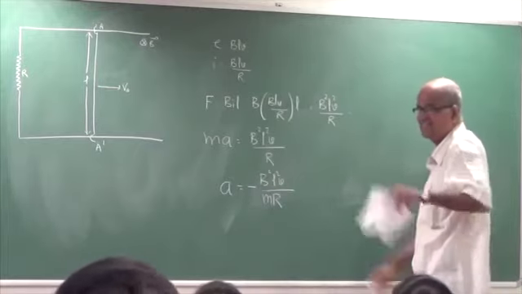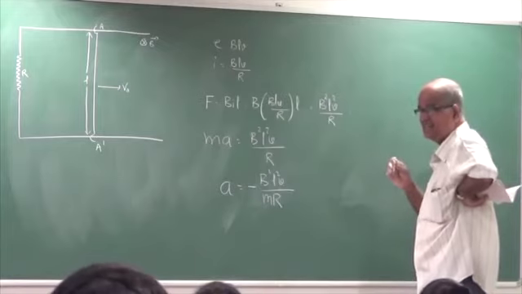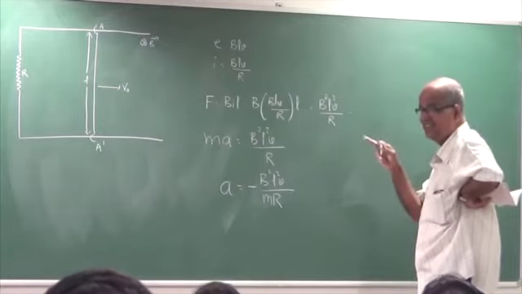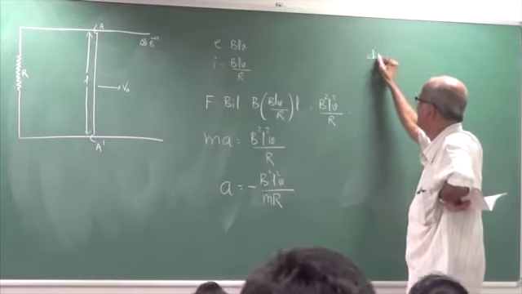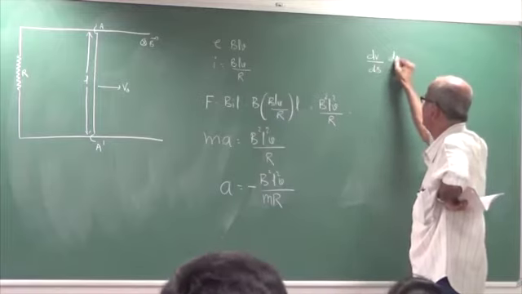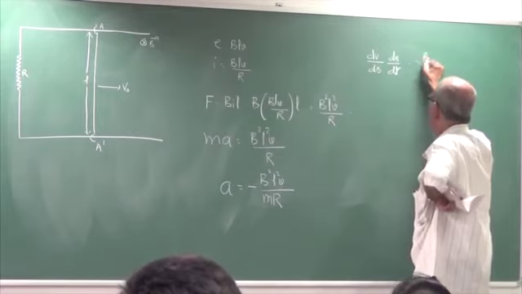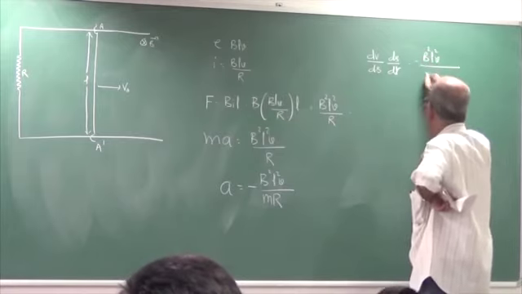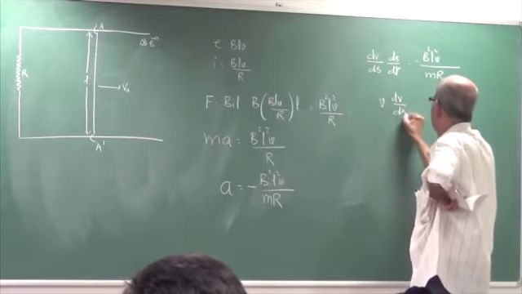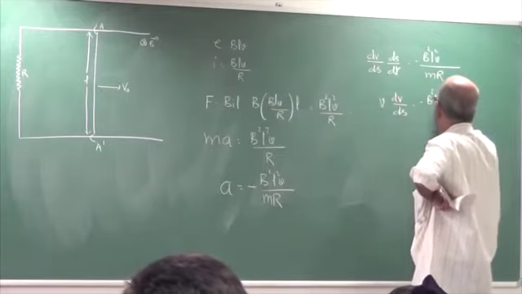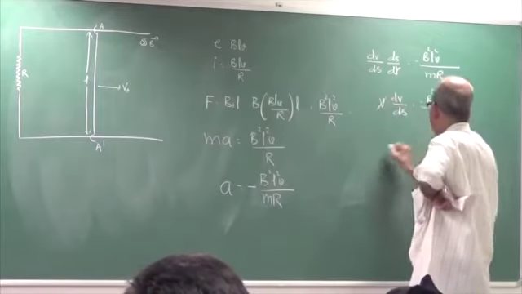Now, acceleration is dv by dt, but v is a function of its position. So dv by dt can be written as dv by ds into ds by dt, and that should be equal to minus B squared L squared v by m R. ds by dt is v, so you can cancel this and integrate.